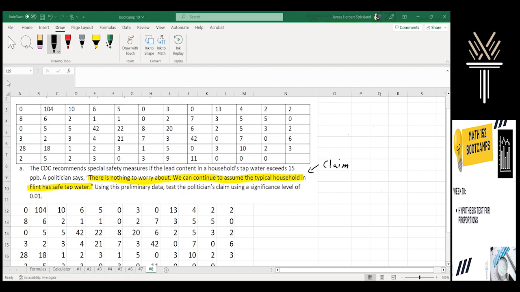I don't see any typing. Give you a hint. It involves this word called typical.